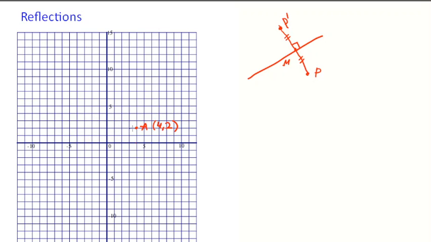So since this distance here is 4, my mirror point would be here, which is also 4 units distance from the mirror line, and that's my A prime. And the coordinates would be (-4, 2). So basically it's the same point but with the flipped x coordinate. So this is mirroring on the y-axis.